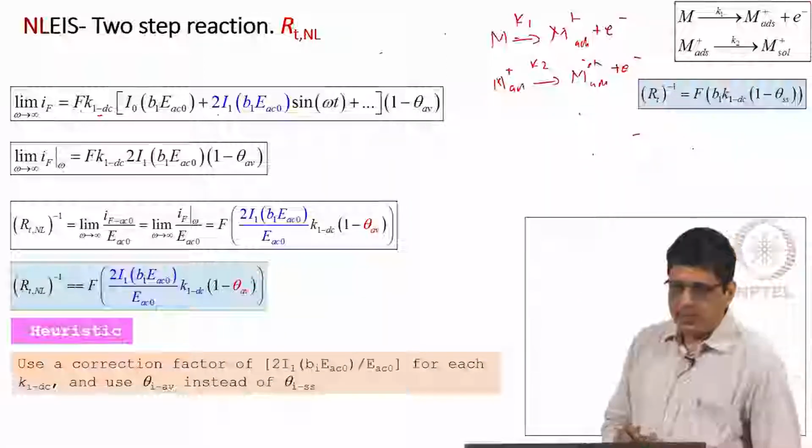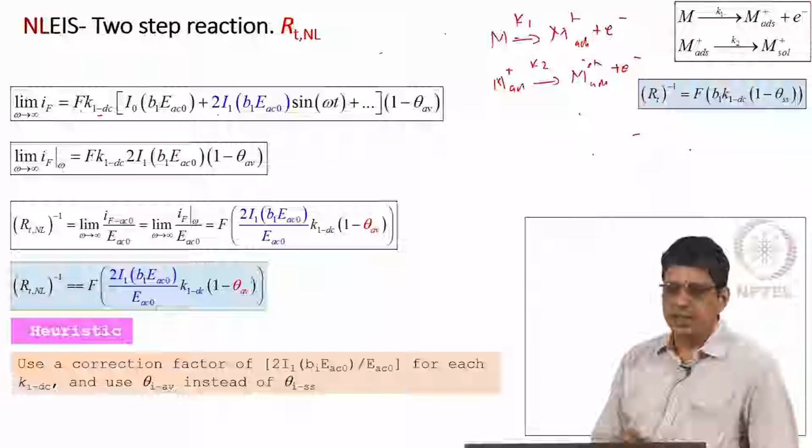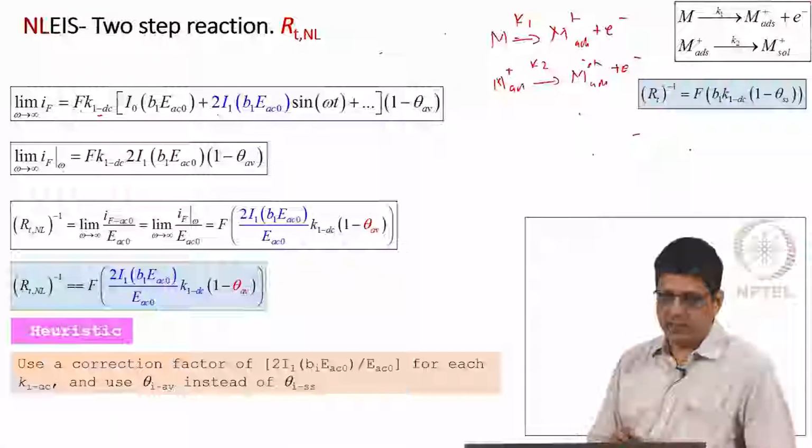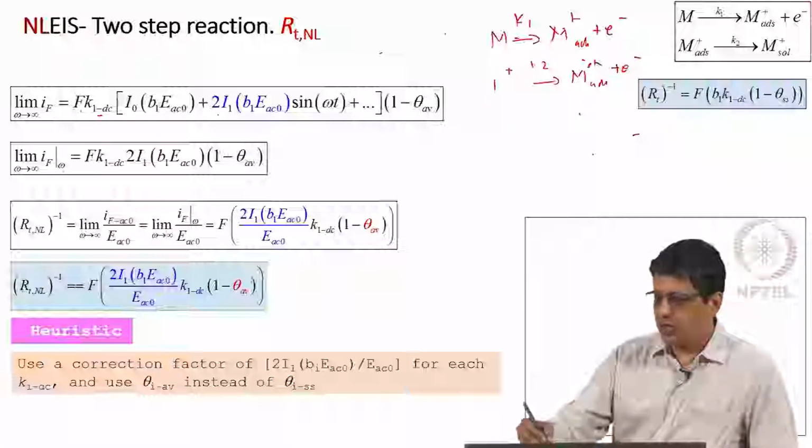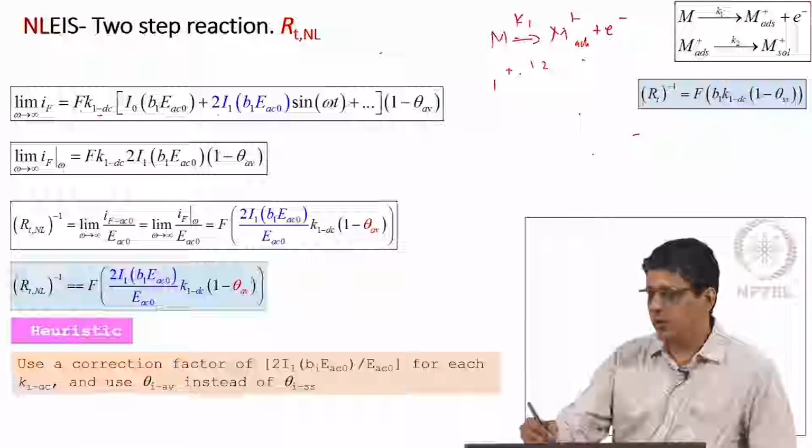I want you to remember this. This is heuristic, meaning it is based on empirical evidence and based on some expansions for certain mechanisms, and in our experience it seems to work, but this is not proven analytically.